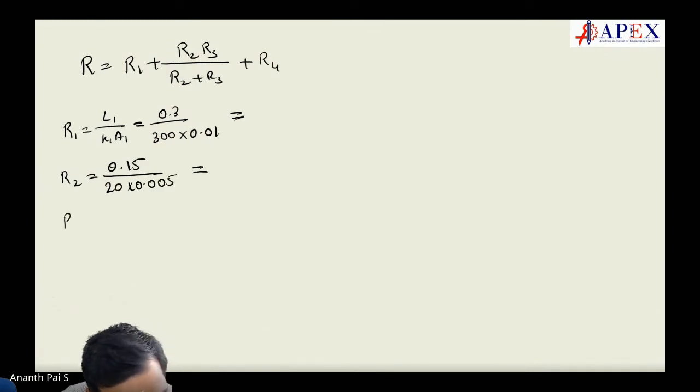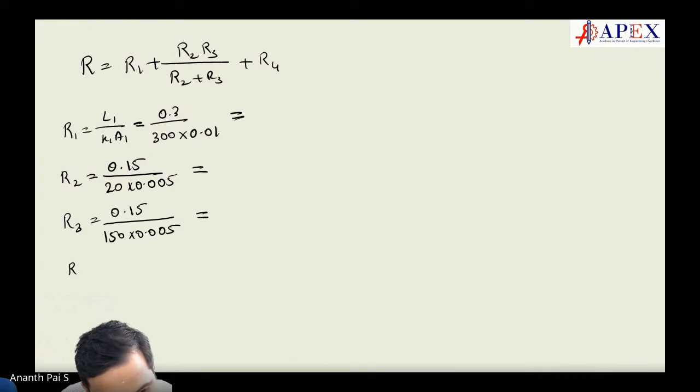Then R3 is equal to 0.15 divided by 150 into 0.005. Then R4 is equal to 0.3 divided by 300 into 0.01, which is equal to R1.